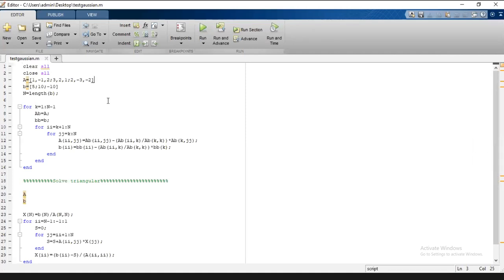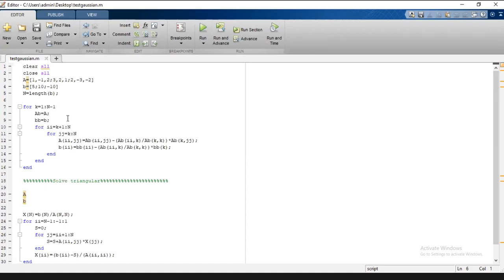For example, you define your matrix A here, you define your vector B, and then n is equal to the length of B. Here it's a 3 by 3 matrix as an example, but you can write the program so that it works no matter what the matrix is. If I modify my matrix and my vector B, it should work.